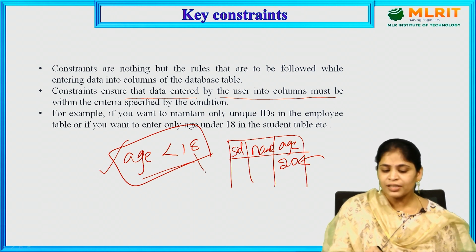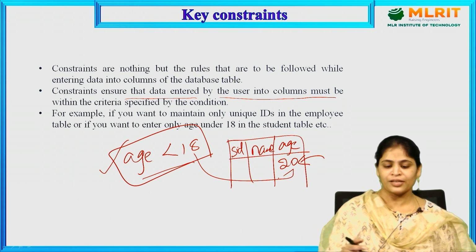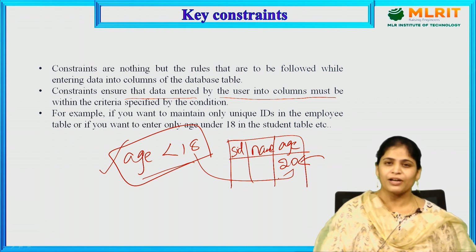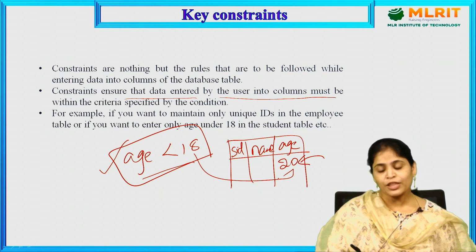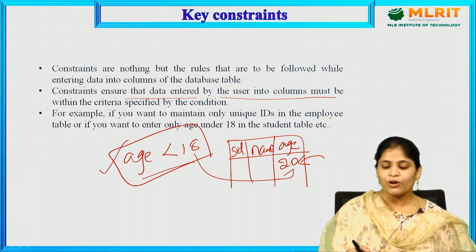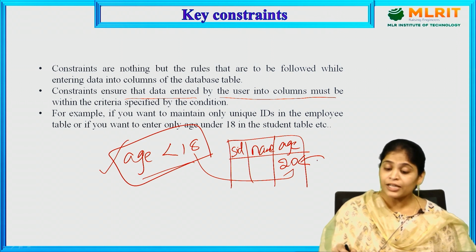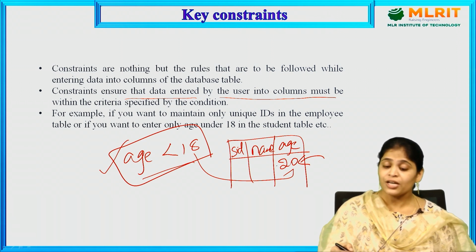So here the constraint is violated. That is the reason DBMS came into existence in place of file systems. In file systems we can't correct this. In DBMS, even before entering the data, it will restrict it. Because here you have given the rule that you must enter an age less than 18, but you are going to enter an age greater than 18, so it will be restricted.